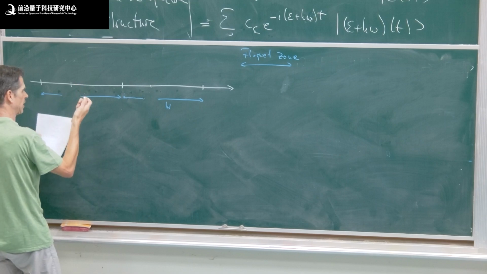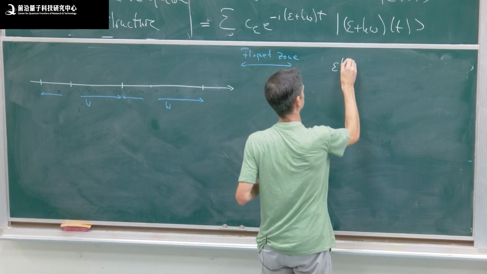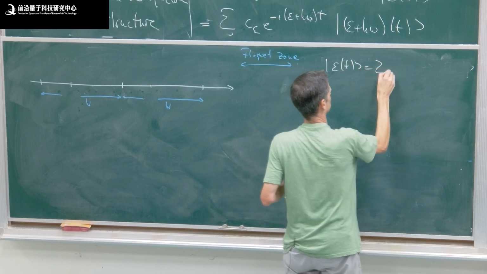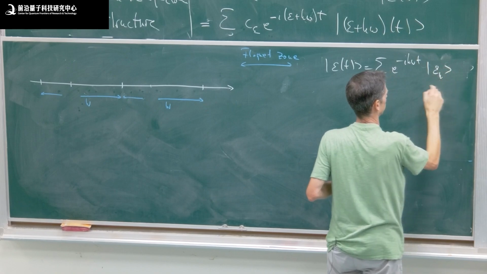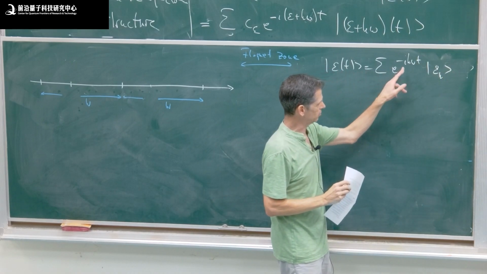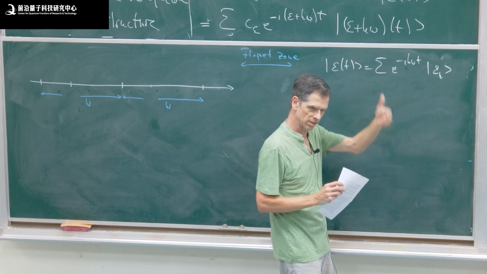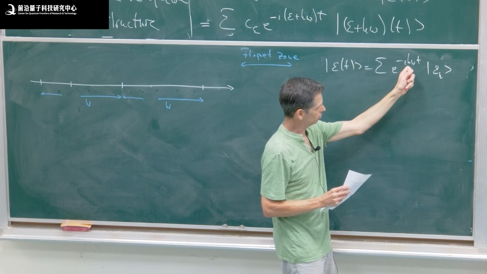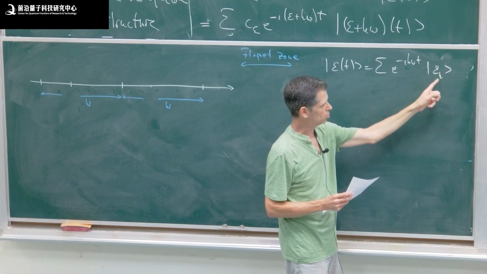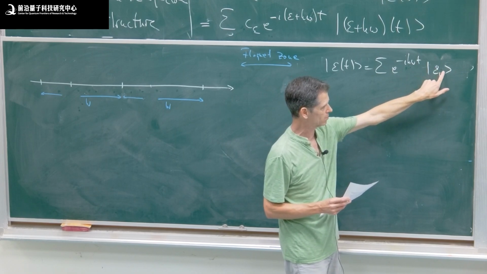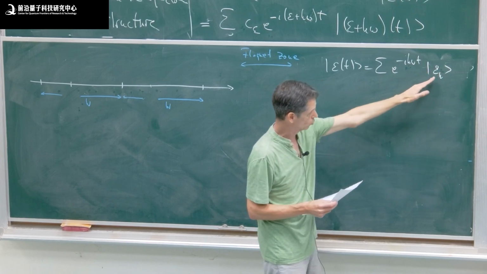And you can imagine now if you expand the eigenstates epsilon of t as e to the minus i k omega t epsilon k. So now you have to imagine that your Hilbert space is labeled, I mean, the entries, if you write this as a vector, have labels k. And then you have the quantum numbers which expand this expansion coefficient in the L2 basis of your Hilbert space.